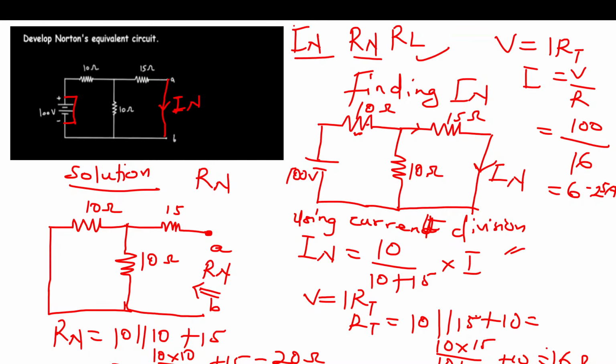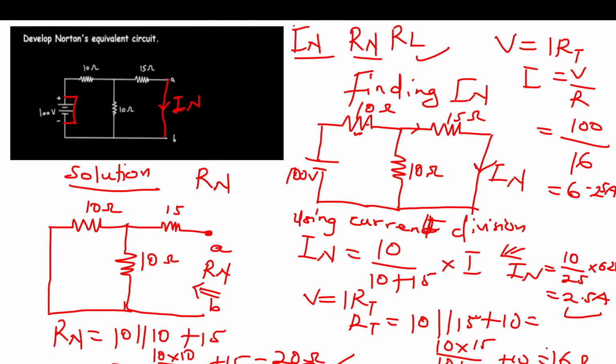Okay, so now let's bring it here. IN is equal to 10 over 25 times 6.25. So what's IN? 2.5 amperes. Okay, so right now we found Rn to be 20 ohms and then In to be 2.5 amperes.